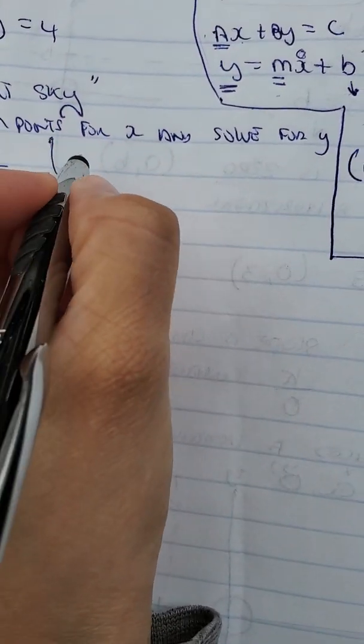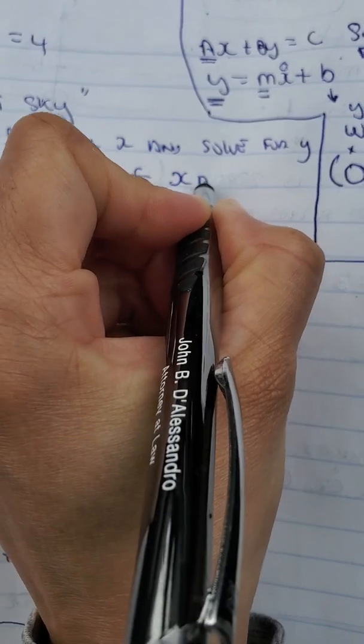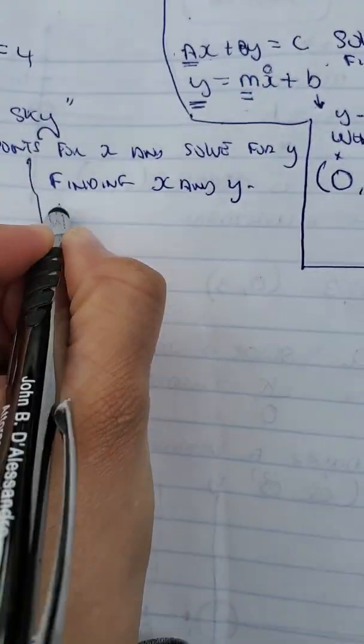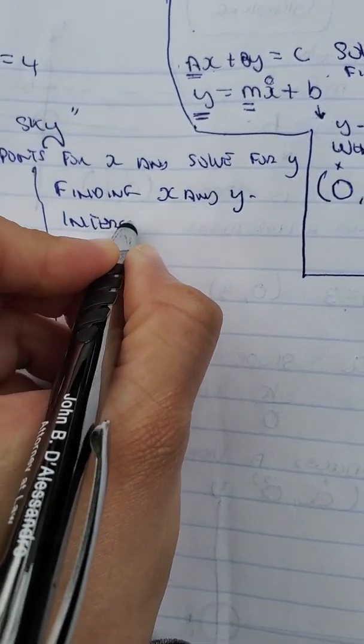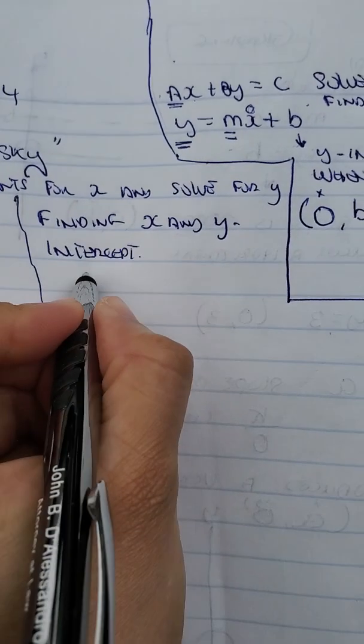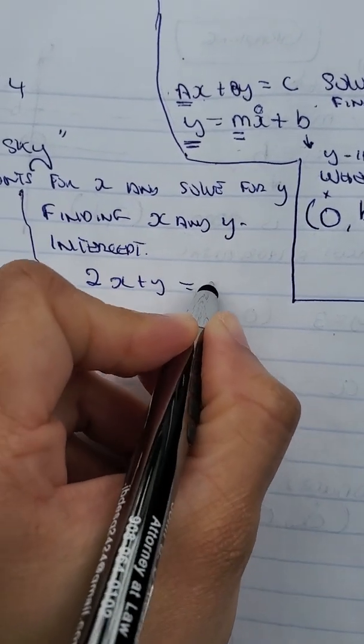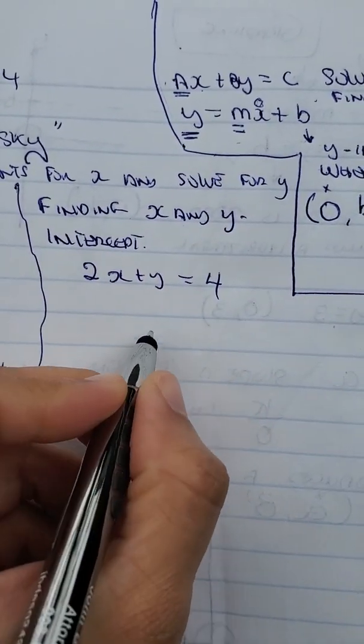So let's see the other method. Now this is sort of my favorite method. This is sketching by finding x and y intercepts. Now here, I don't have to put it in the form y equals mx plus b either, because here is another method of substitution.